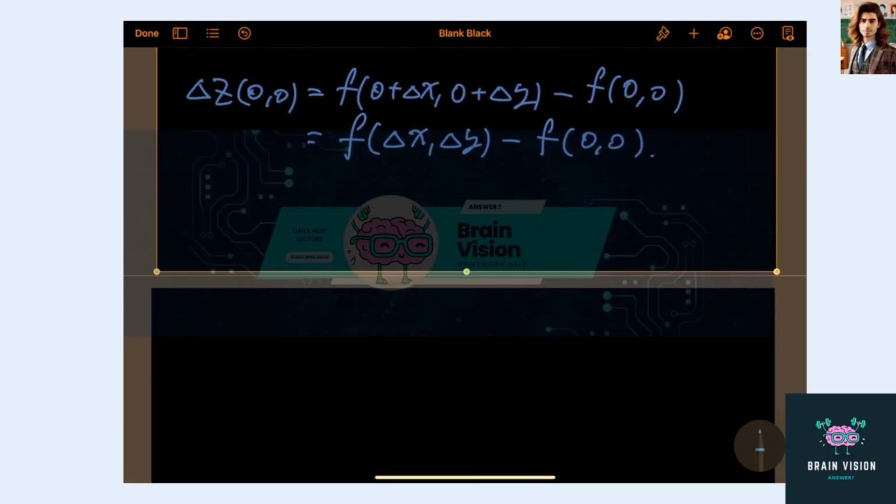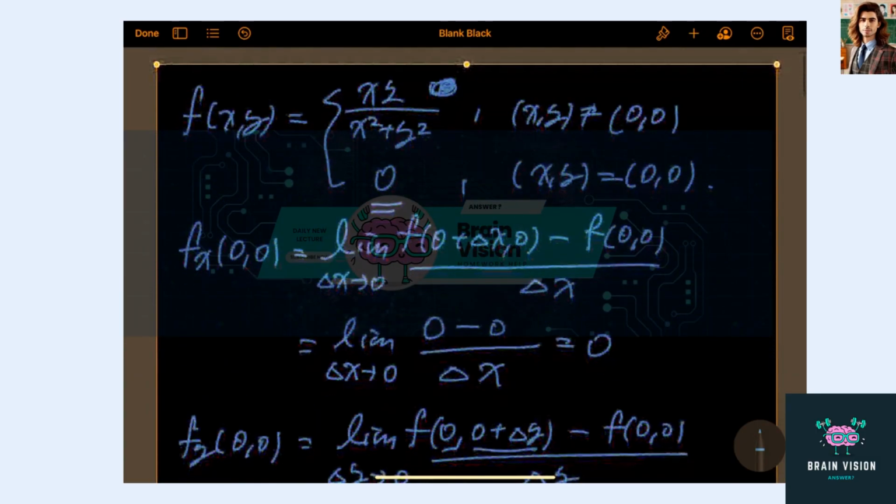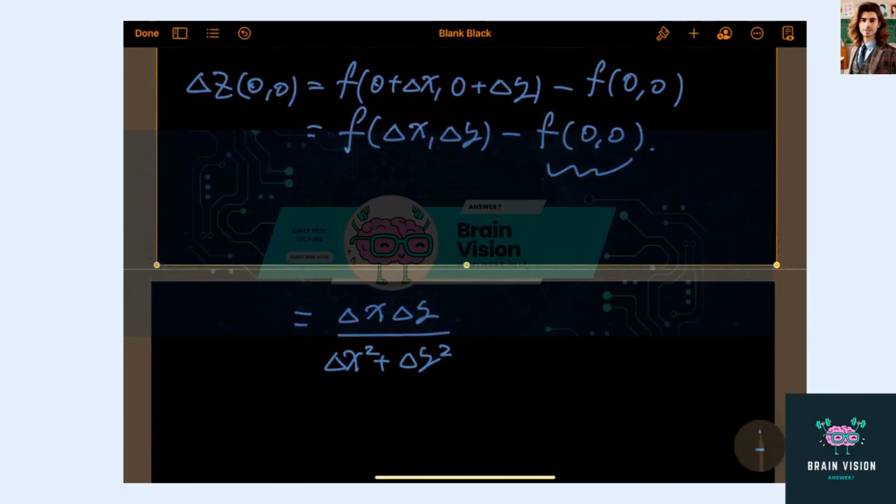When we substitute delta x and delta y into our function, we have delta x times delta y over delta x squared plus delta y squared, and f at (0, 0) is given in the lower part of our function, so that's just 0. So now we have delta z equal to delta x times delta y over delta x squared plus delta y squared.